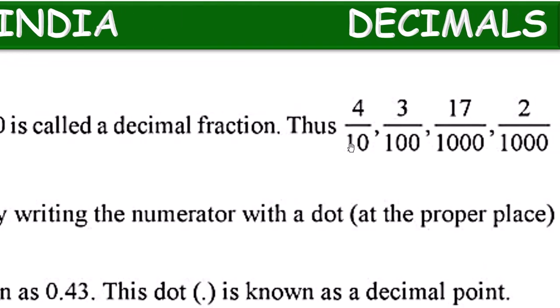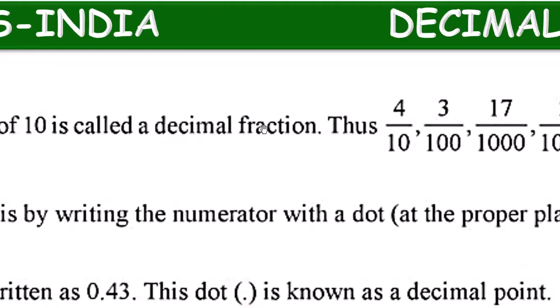Here 4 by 10, 3 by 100, 17 by 1000, 2 by 1000, these are all decimal fractions, because 100 means 10 square and 1000 means 10 cube. In all these, the denominator is 10 or a power of 10. That's why these are all considered decimal fractions.